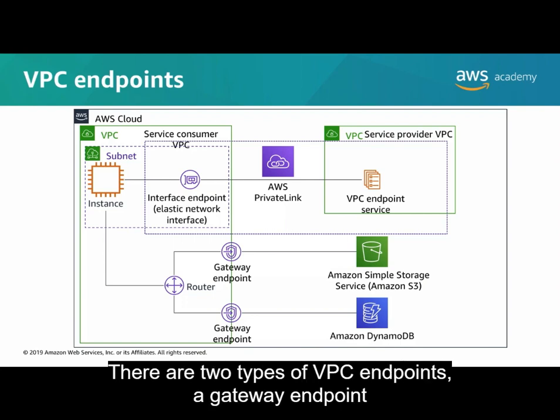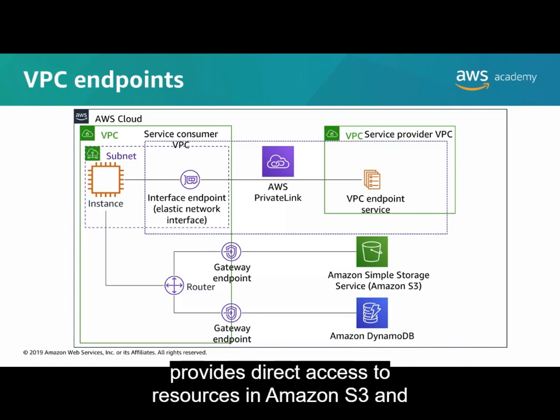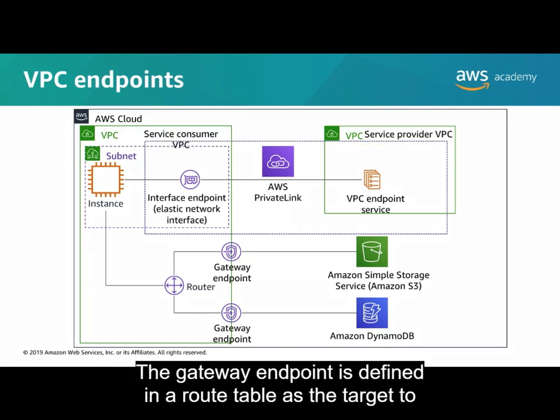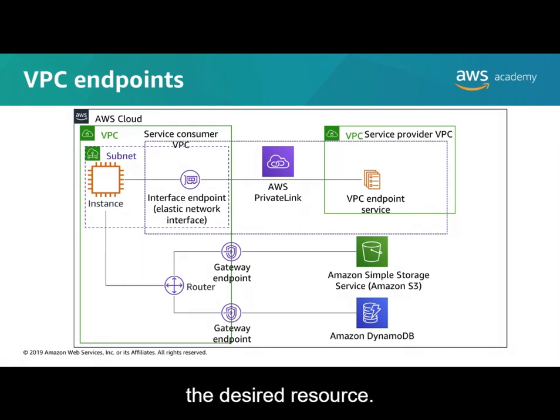There are two types of VPC endpoints. A gateway endpoint provides direct access to resources in Amazon S3 and Amazon DynamoDB without flowing traffic through the public internet. The gateway endpoint is defined in a route table as the target to the desired resource.